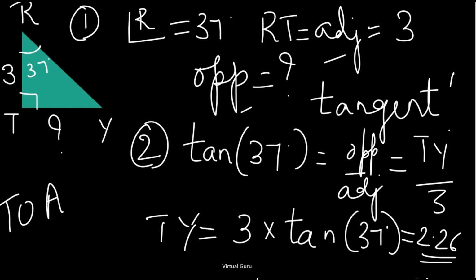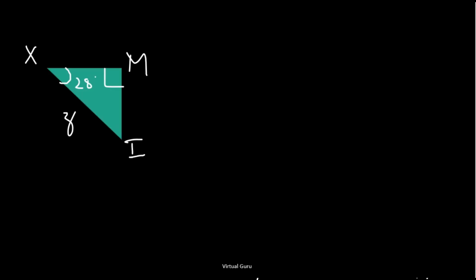I'm going to solve a last problem in this section of trigonometry, that is solving for the side given a trigonometric ratio. So this is my fourth problem. Here, this is the triangle XMI. In the triangle below, which of the equations can be used to find Z?